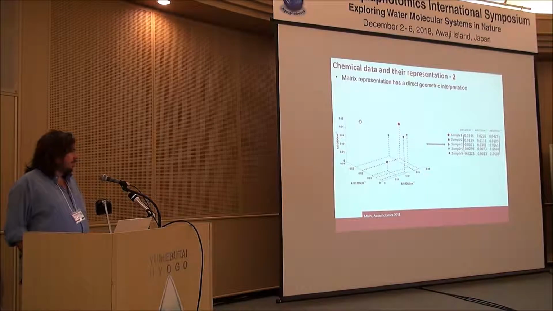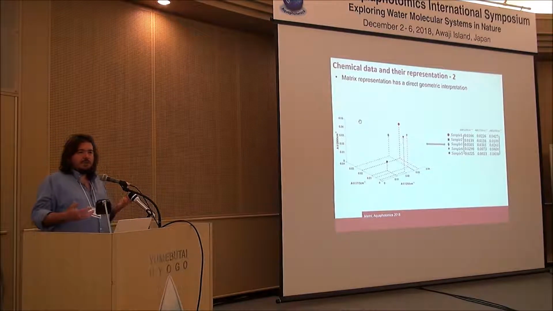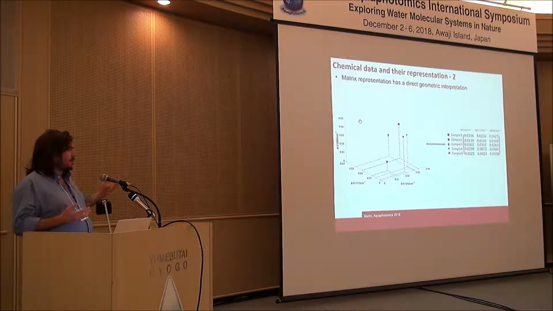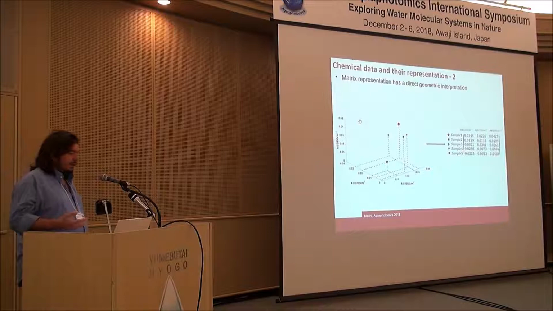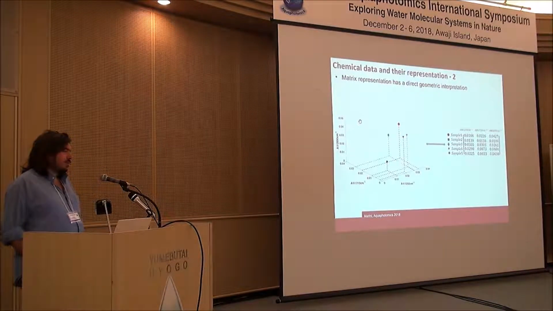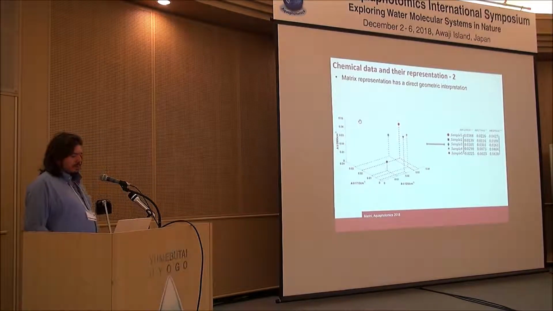Ideally, we would like to stress this representation because it gives us information about differences between samples. We want to characterize what makes one sample different from another. It is the equivalent geometric representation of the data collected within an experimental matrix.